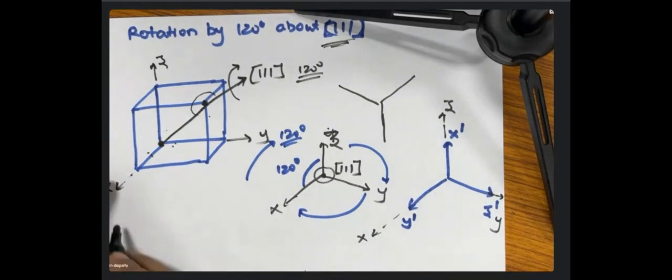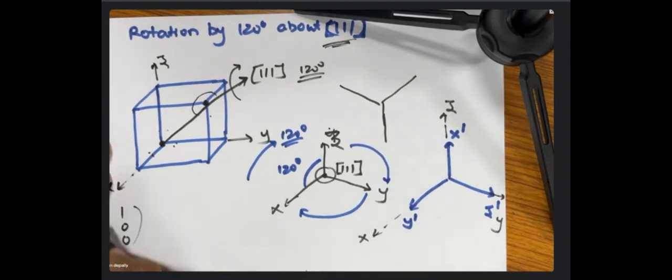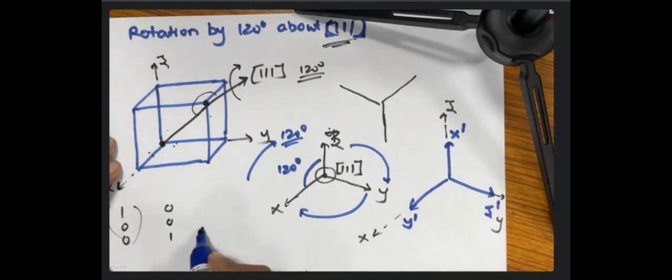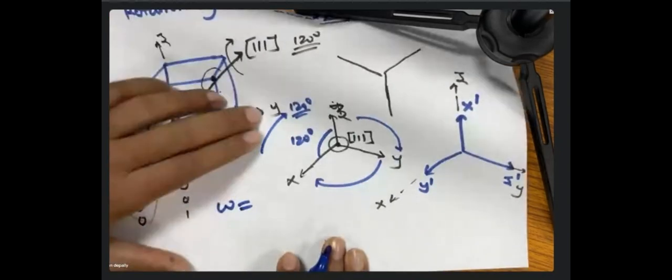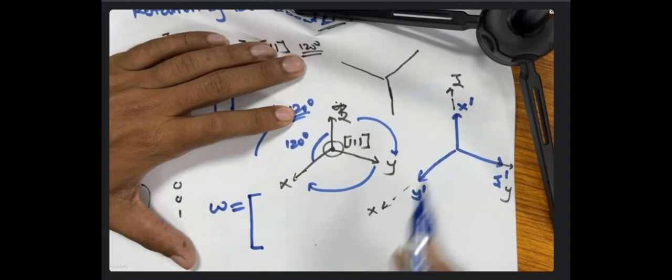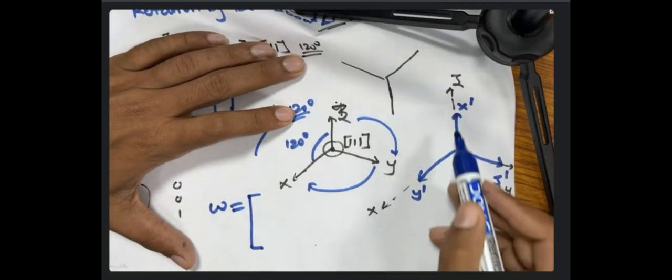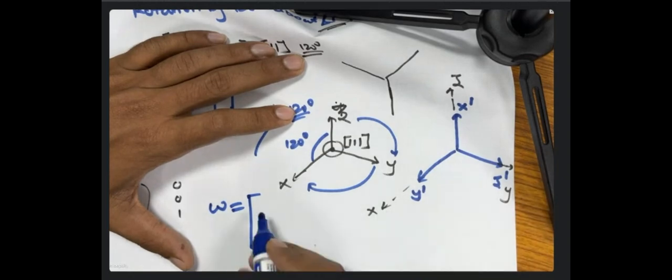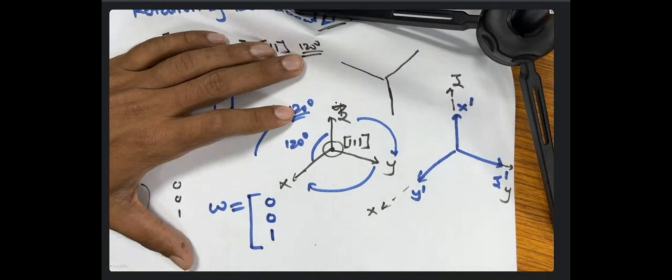So our x, that is [100], has transformed to the z, that is [001]. If I write the symmetry transformation matrix W, the x-axis is transformed to the z, x dash the final is along the z, so we can say that it will be 0 0 1.